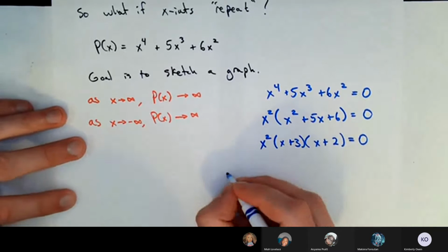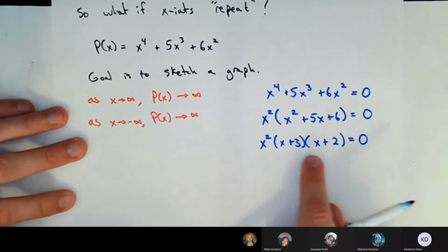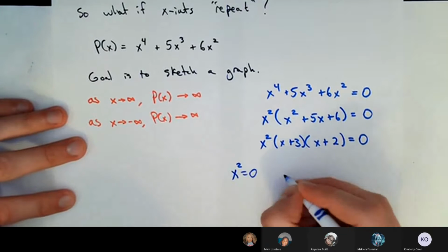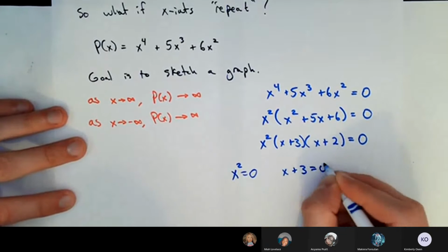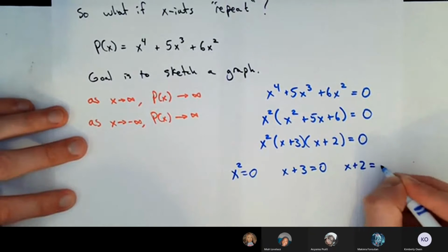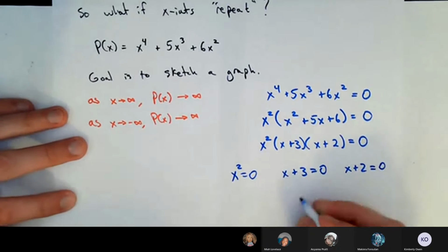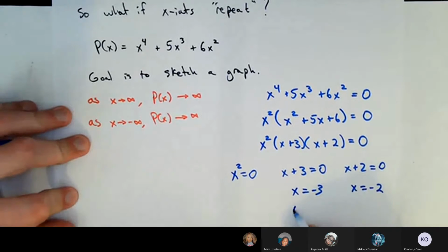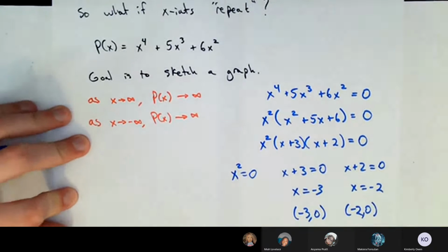And now I split all of these factors, everything that's being multiplied equal to 0, and I set them all equal to 0 individually. We've already seen how these last two go, and I end up with those two x-intercepts at -3, 0 and -2, 0. Okay.